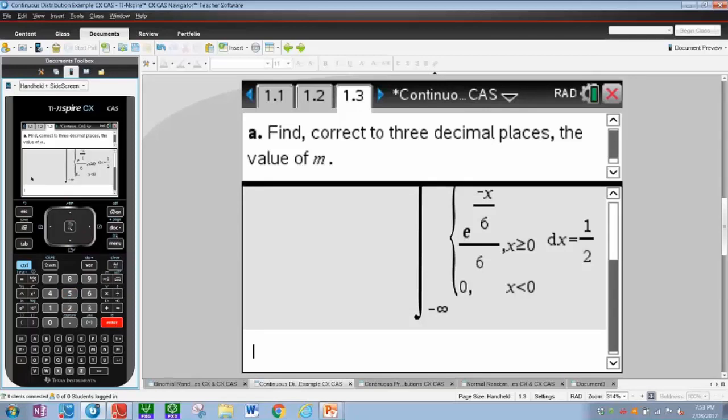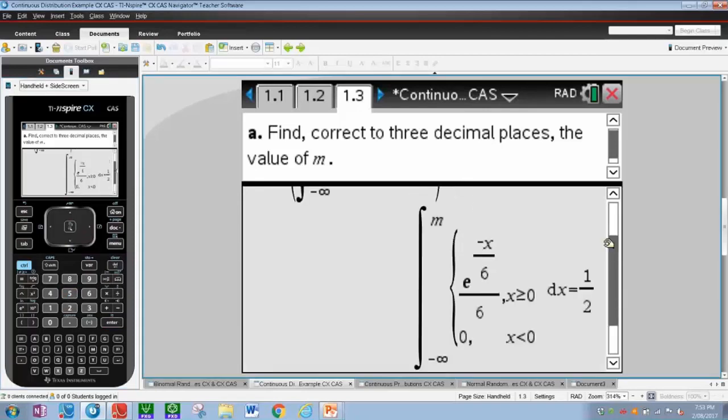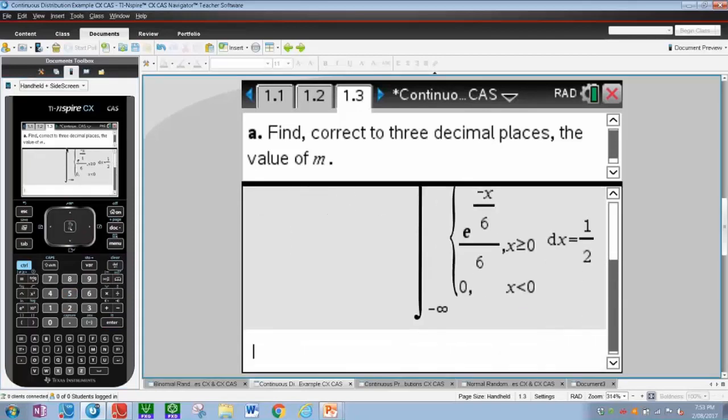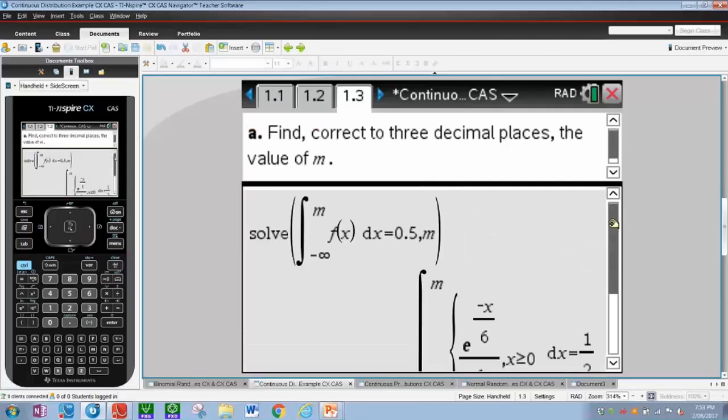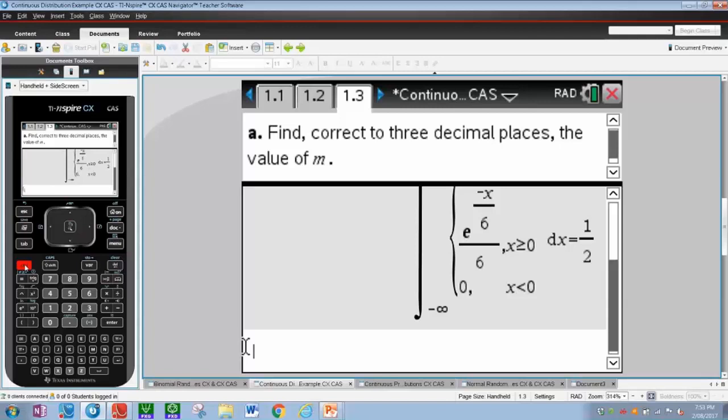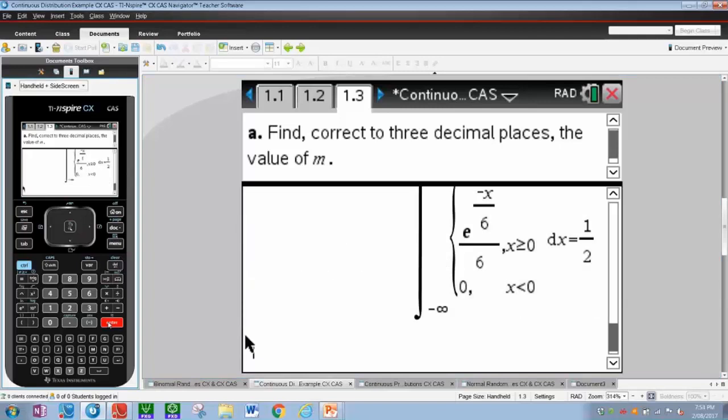You hit enter, and it comes up with this. The problem with entering our initial function as a hybrid function is that sometimes integrals and solves don't work quite well. So unfortunately with this notes page, everything will have to be done in approximate form.